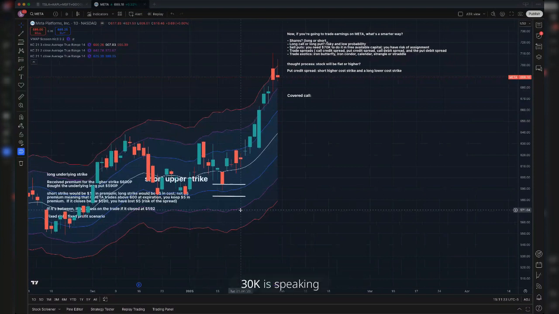Hypothetically, you did 200 put credit spreads with NVIDIA, right? Actually, let me pick a higher value option. You did 500 put credit spreads with MicroStrategy, right? $400 stock.